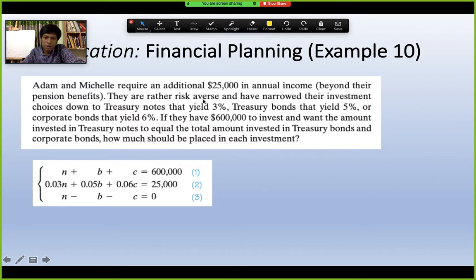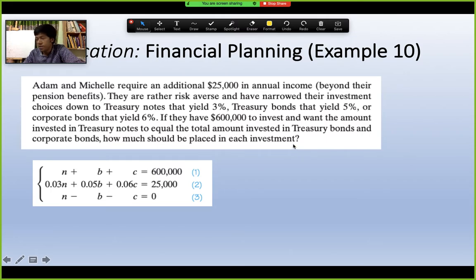They are rather risk averse and have narrowed their investment choice down to treasury notes yielding 3%, treasury bonds yielding 5%, or corporate bonds yielding 6%. If they have this dollar amount to invest and want the amount invested in treasury notes to be equal to the amount invested in the treasury bonds and corporate bonds, how much should be placed in each investment?